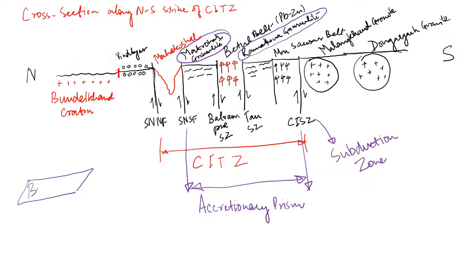This was the Bundelkhand Craton, and beneath this was quite possibly the Satpura Ocean, and this portion over here was the Bastar Craton, and the convergent plate motion led to the subduction and closing of the Satpura Ocean.